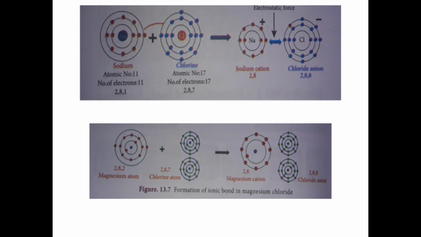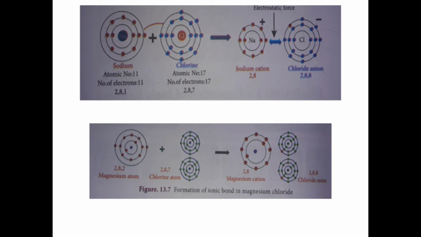So for sodium, the atomic number is 11, and if you see the arrangement of electrons in the orbitals, first 2 electrons are placed, next 8 electrons, and next one more electron in the valence shell. Next is chlorine.